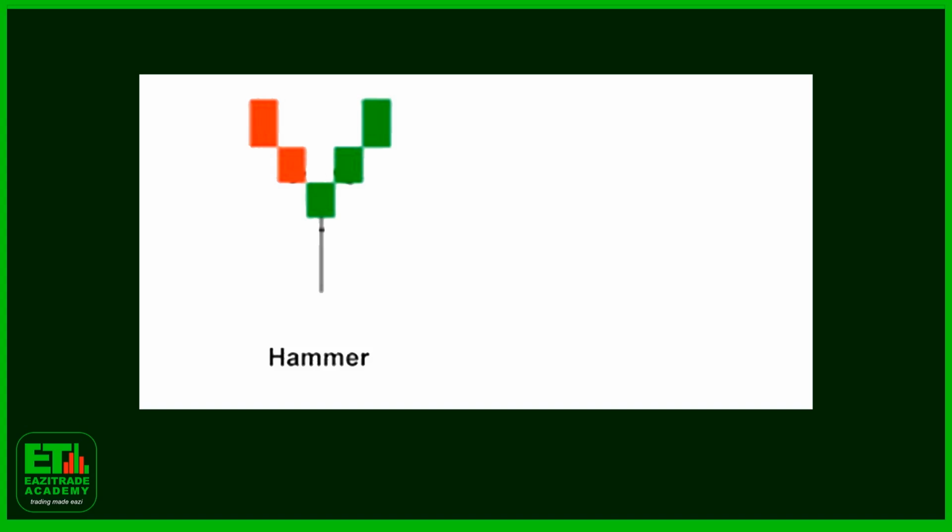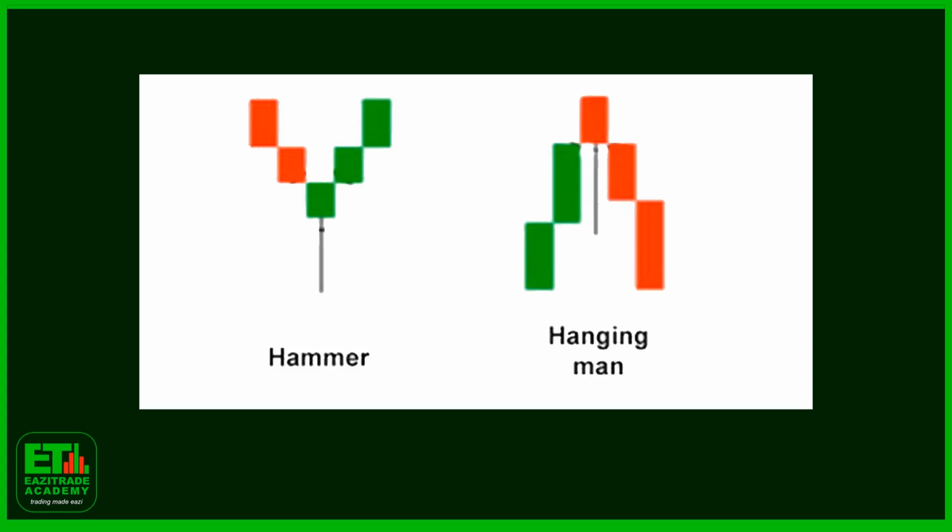The next on our list is the hanging man. Look at the hanging man. It's like a hammer that is up. Remember the first one we talked about is the hammer that is at which zone? At the support zone. When you see this hammer at the support zone, it is a signal that the market is about to change trend.